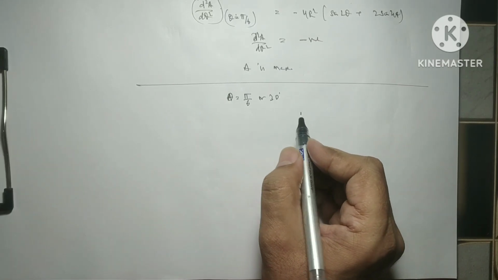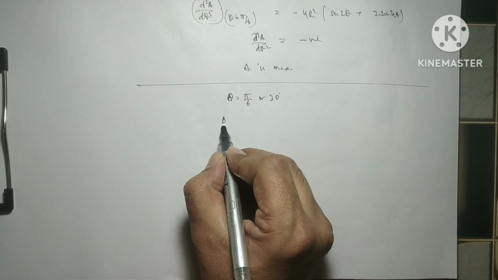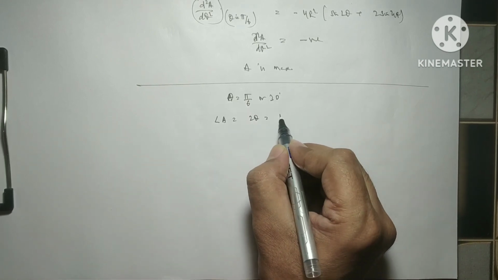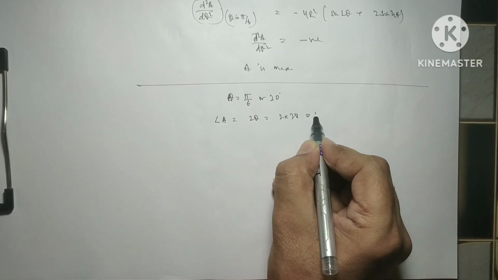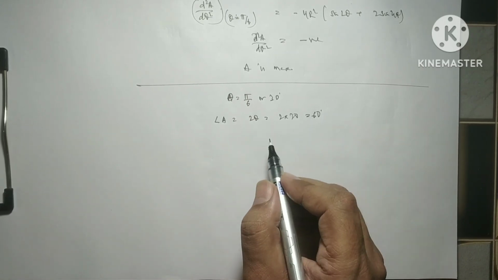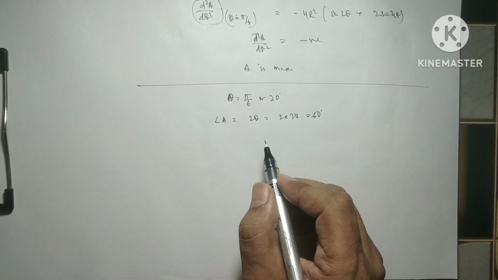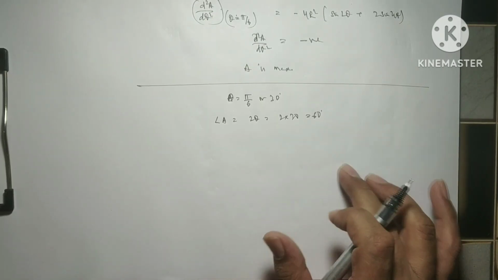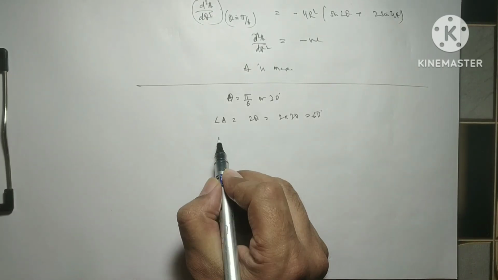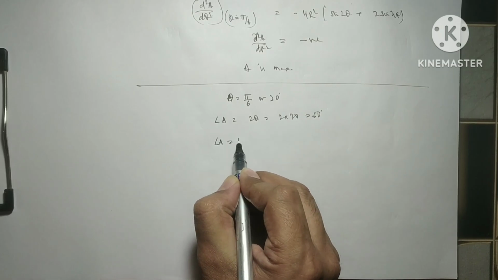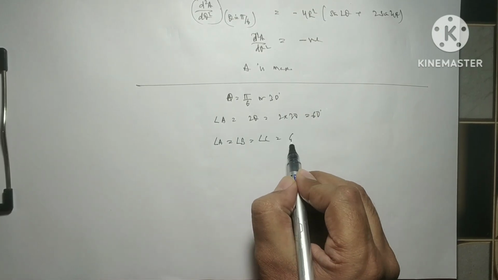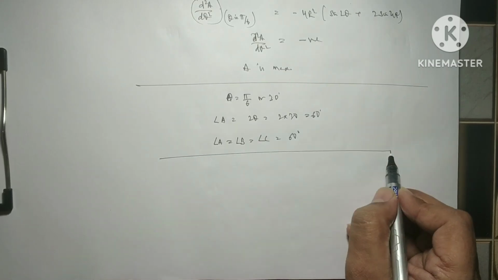So the angle A is 2θ, so it is 2 into 30, so you get 60 degrees. And in this case, we drew a triangle inscribed in a circle, all angles are equal, so it shows the triangle is an equilateral triangle.